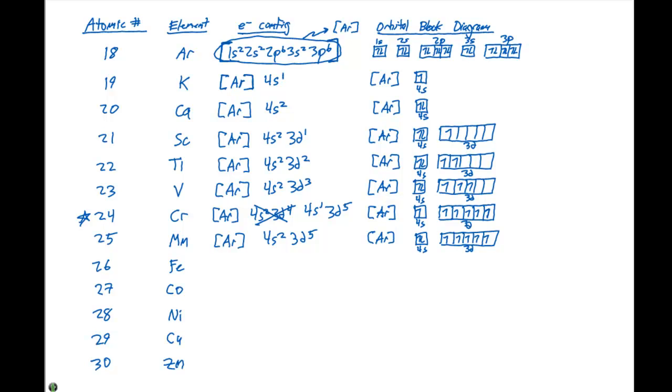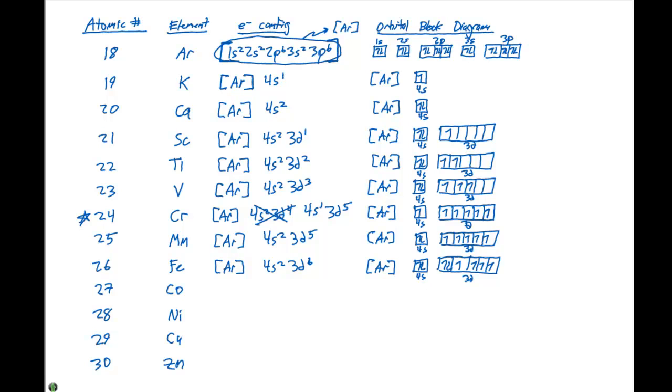For iron, we have the argon configuration. It's going to be 4s2, 3d6. So we put both electrons in the 4s orbital, and then 1, 2, 3, 4, 5, 6 in the 3d orbital.